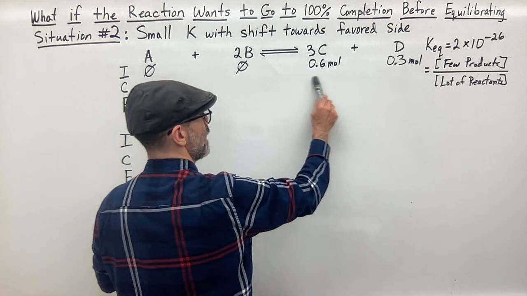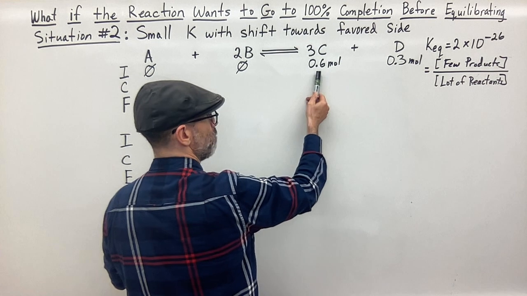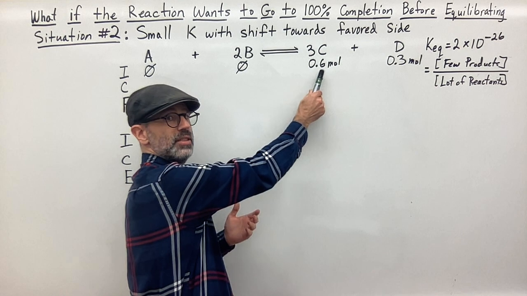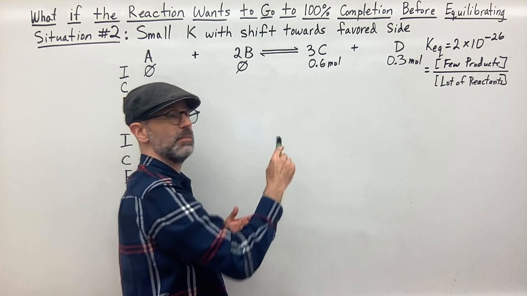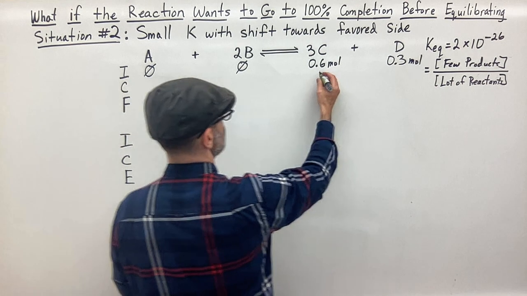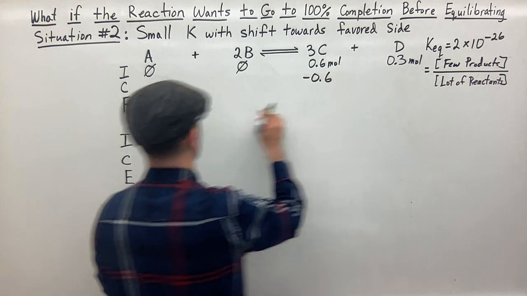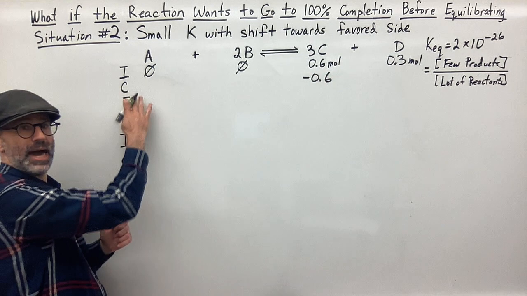So I need 0.9 of this, but I don't have 0.9. I have 0.6, so I don't have enough. So this is going to go away first. That's my limiting reactant. So this is going to go to 0. So I'm going to lose 0.6 for the change in my ICF table.